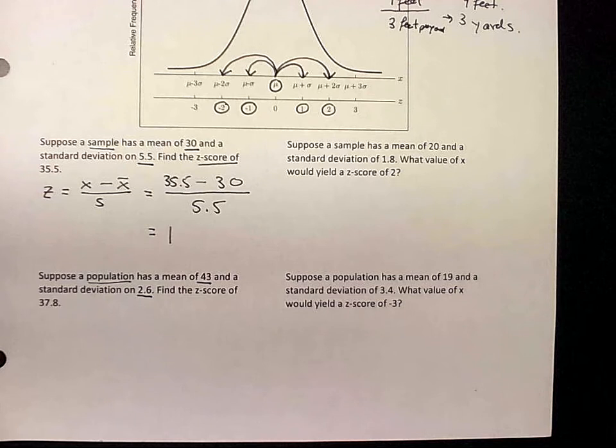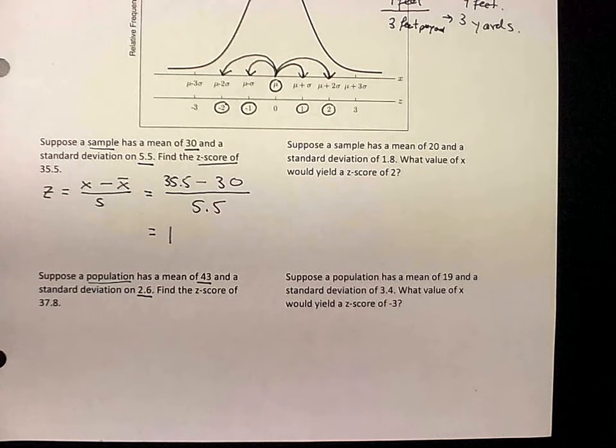I'm just not realizing what the first question is asking. And the z-score of this measurement, of this number. So you're finding the z-score at 35.5. Got it. Yeah, that's exactly why you put that as your x value, not as your z. Because it said find the z-score, I put it as my z first.